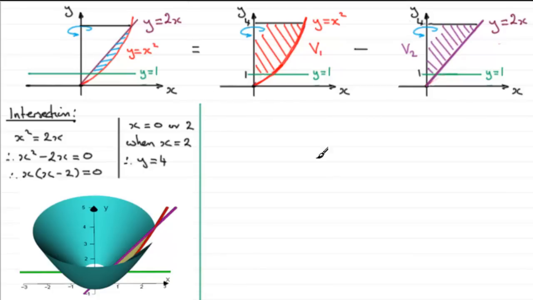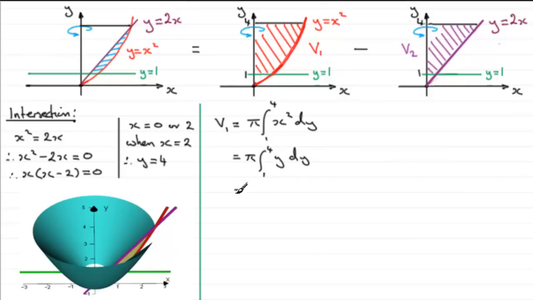But what we're going to do then is work out this volume V1. And we get V1 by applying the formula for the volume of revolution about the y-axis, which we discussed in an earlier tutorial. Remember, it was pi times the integral of x squared with respect to y. And in this case, the limits for y are going to be between 1 and 4. So for this one, x squared is equal to y. So therefore V1 is going to be pi times the integral going from 1 to 4 of y with respect to y.